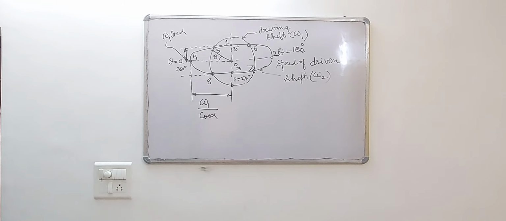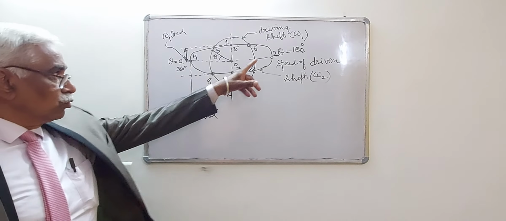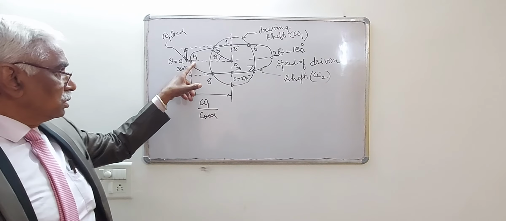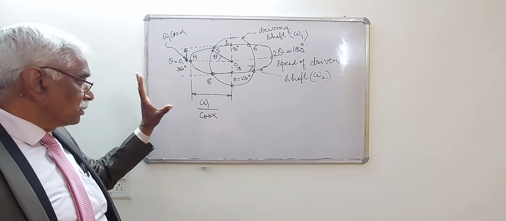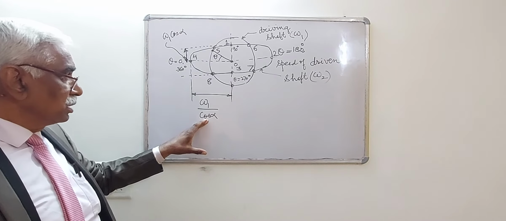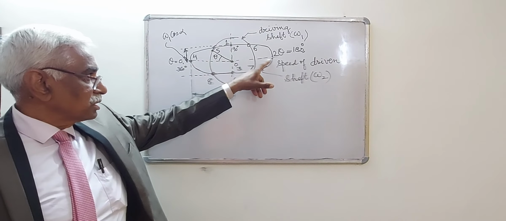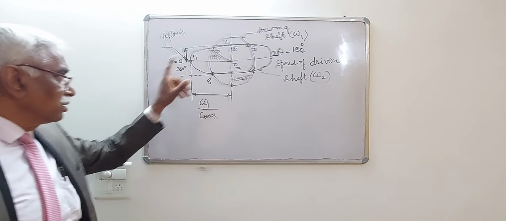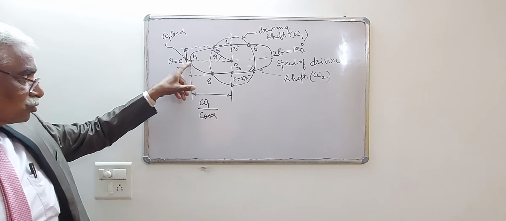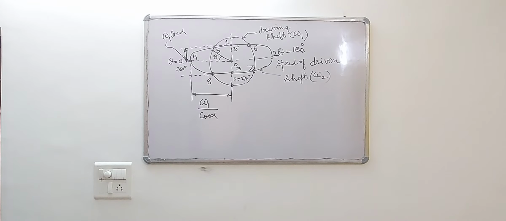At 2 points, point number 2 and point number 4, the speed of the driven shaft is maximum, that is omega 1 by cos alpha in magnitude, and at these points the value of theta is 180 degree and 0 degree and also 360 degree.